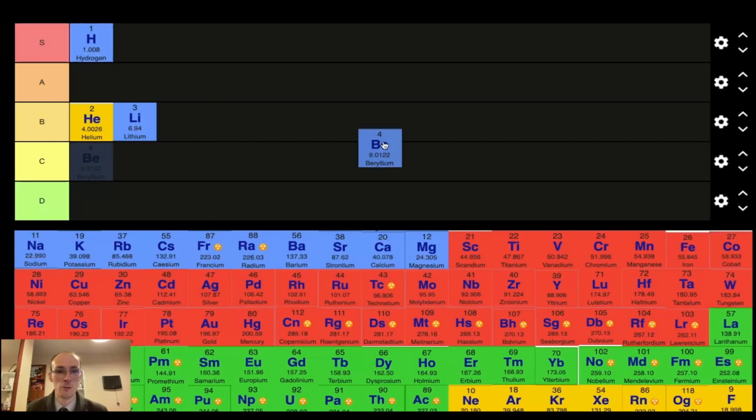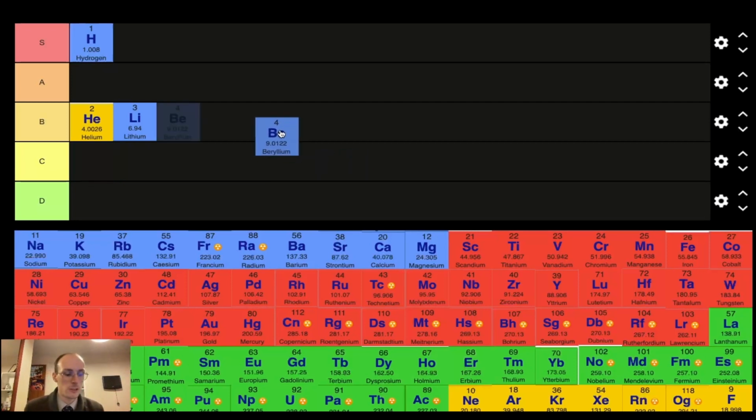Beryllium, element number 4. It only occurs naturally as part of a compound, so we have to extract pure beryllium from something else, whatever beryllium is bound to. So beryllium copper alloys are actually quite good in the steel making industry, it turns out, because beryllium copper alloys are very strong and they don't spark when you hit things with them, so no risk of fires.